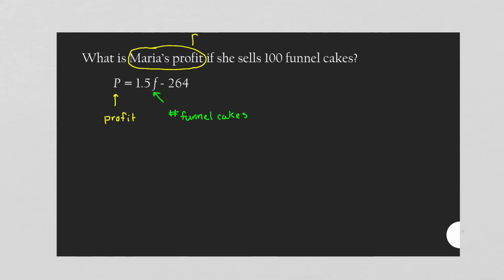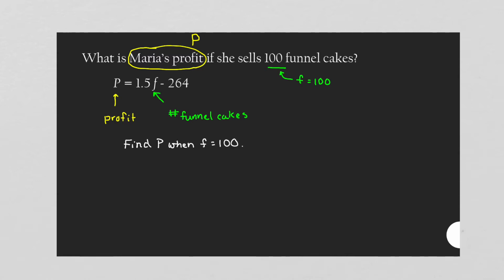That's an unknown, so that's going to be the letter P. But we're looking for that profit when she sells 100 funnel cakes. So in other words, we are trying to find P when F is 100. I'm going to restate that problem: we want to find her profit P when F is 100.